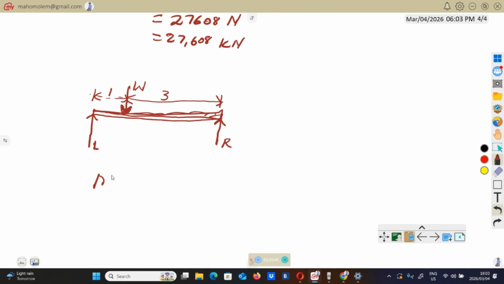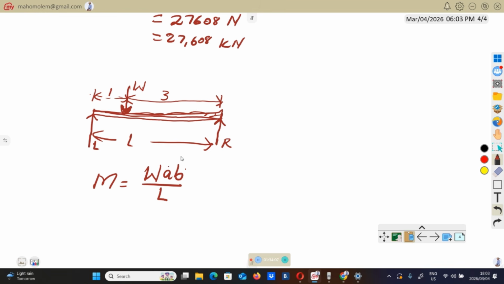You can calculate bending moment like this: M equals the load that will be applied on this beam multiplied by A times B over L. So this L represents the distance from here to there, which is 4 meters.